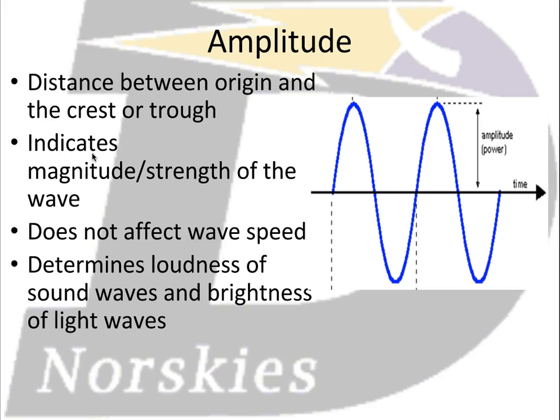If you increase the volume on your stereo in your car, you are essentially increasing the amplitude of the sound waves that are traveling through the air in your car. Amplitude does not affect wave speed, and the other thing that it determines is brightness of light waves. So amplitude will determine how bright a light shines or how dull it can be.